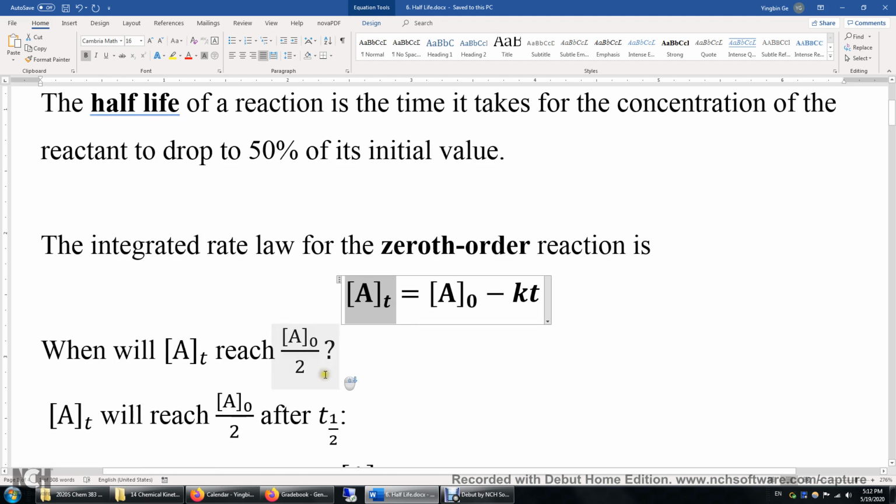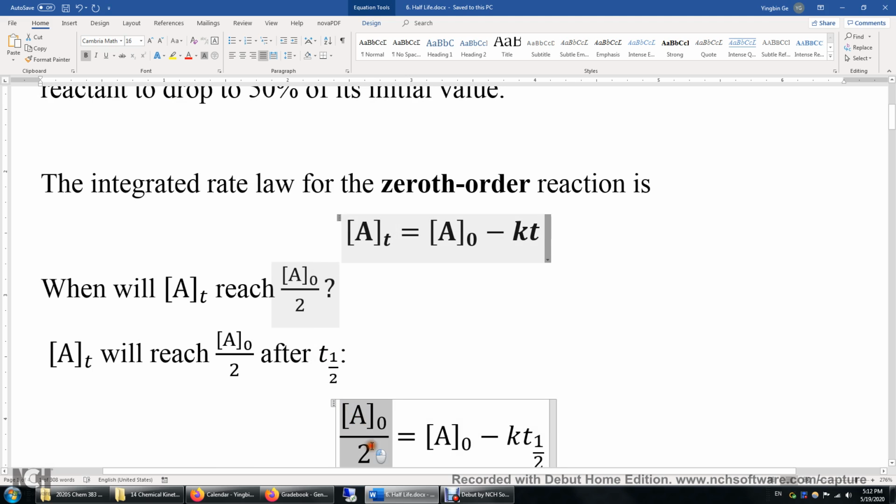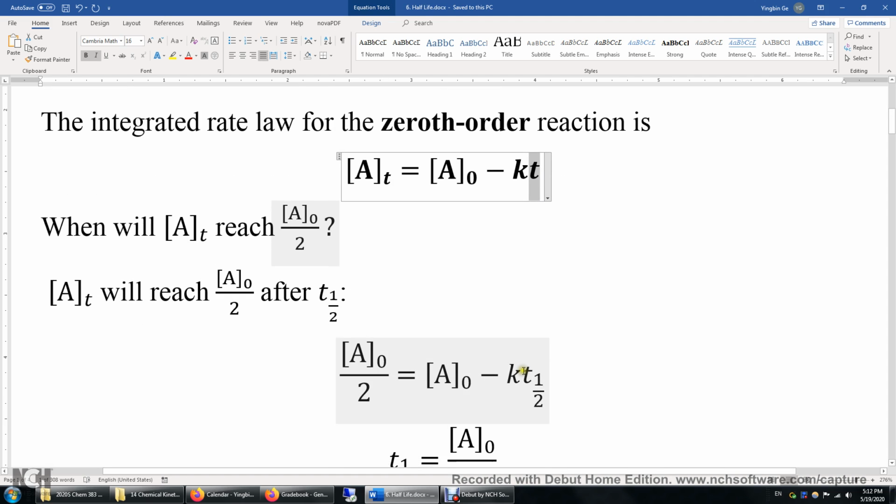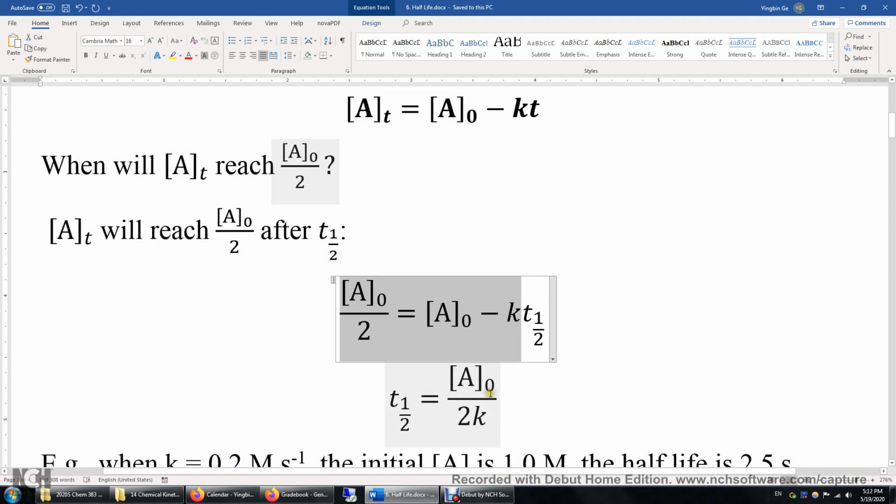So just plug it in, okay? And then that corresponds to the half-life. So I replaced this t with t sub half. This is the half-life. And then we just reorganize this equation and we get half-life equals A naught over 2k.